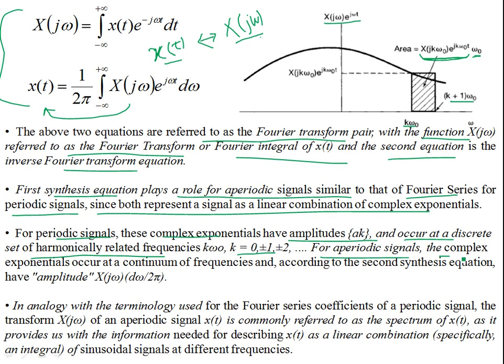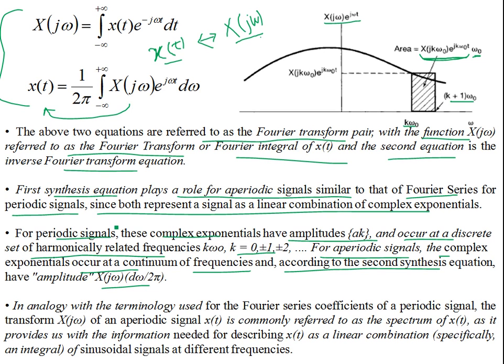For aperiodic signals, the complex exponentials occur at a continuum of frequencies. According to the synthesis equation, they have the amplitude X(j omega) divided by 2 pi, times d omega.